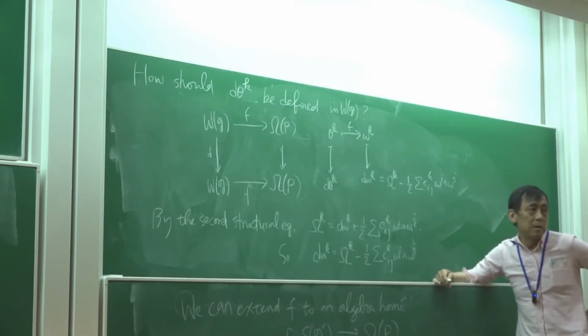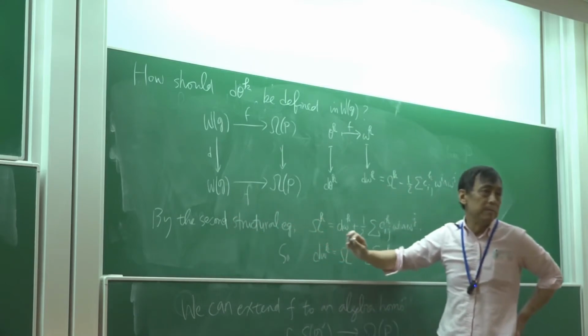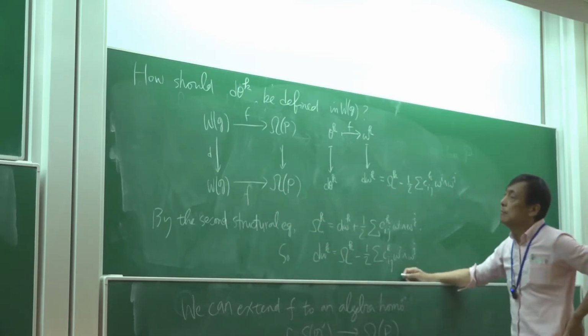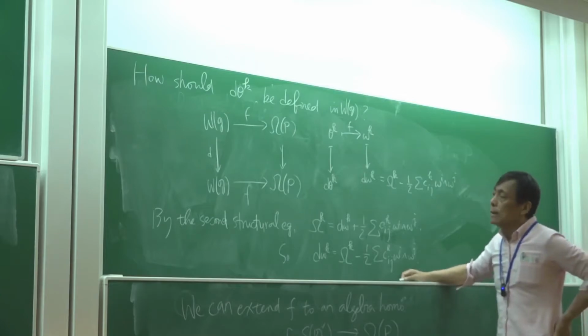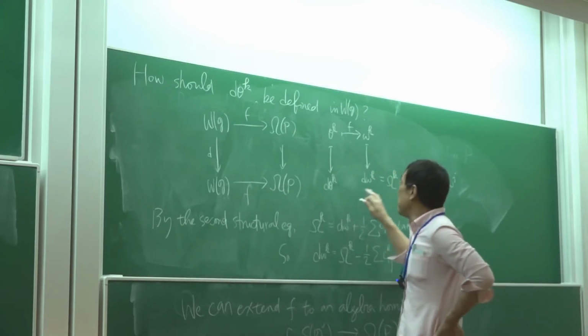And f is an algebra homomorphism. So what element here will map to this?